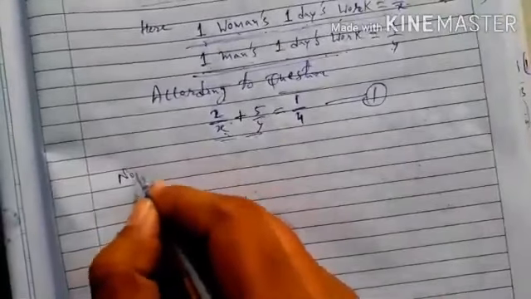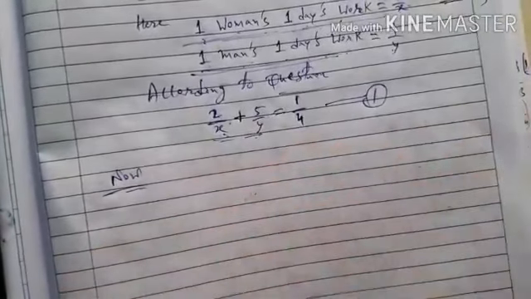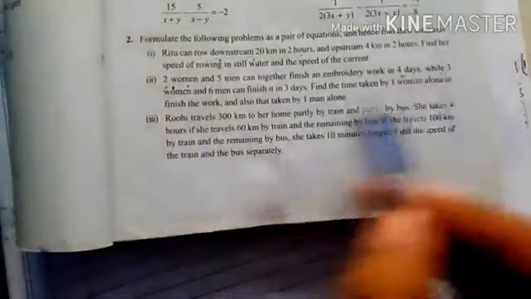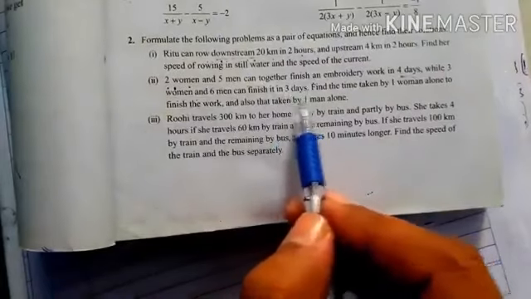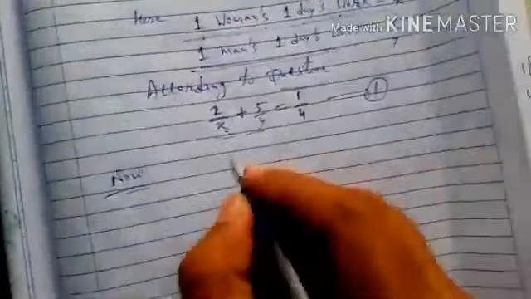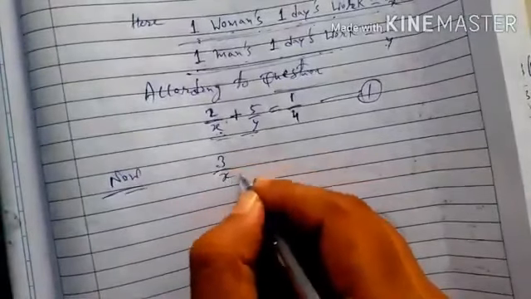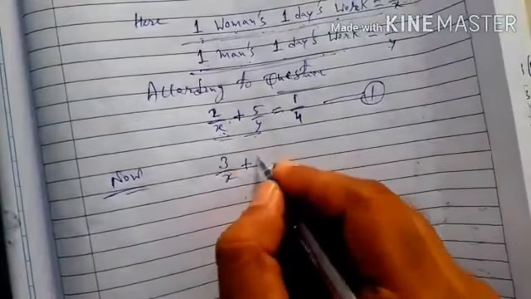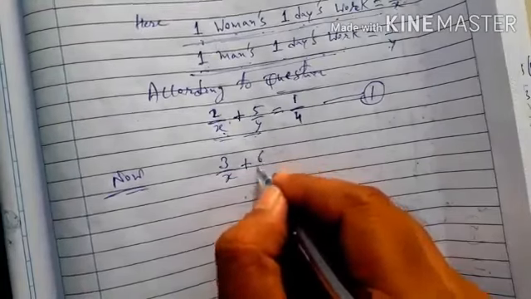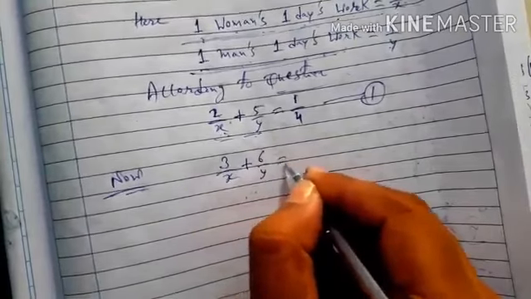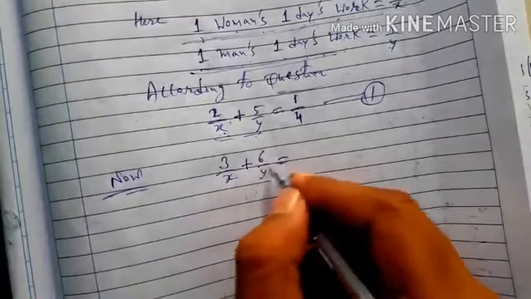Now next, according to the question, 3 women and 6 men finish the work in 3 days. So 3 women's work in 1 day is 3/x, together with 6 men, whose 1 day work is 6 by y, equals the together work, which is completed in 3 days.